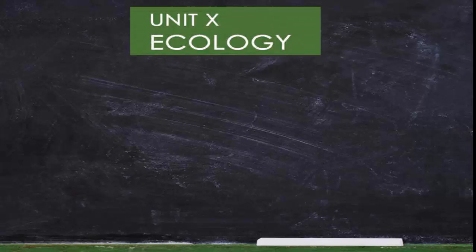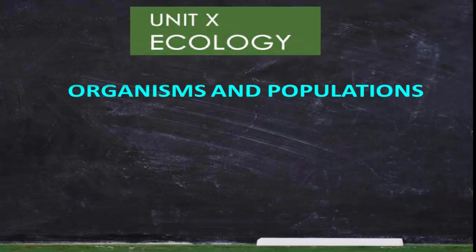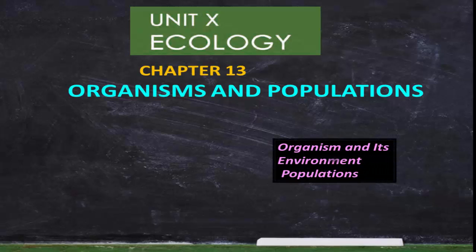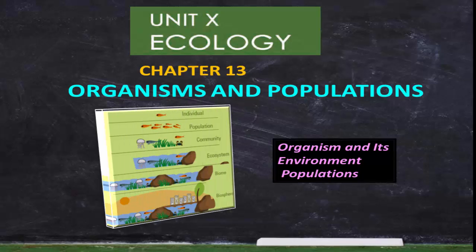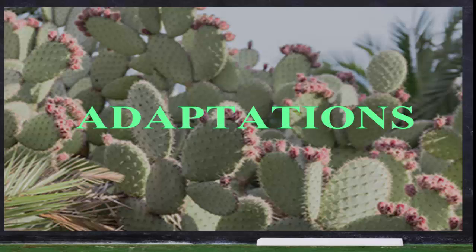Hello dear students, let us continue the next part of organisms and populations. In the previous video, I explained about adaptations shown by mammals in the cold climate and the different behavioral adaptations.